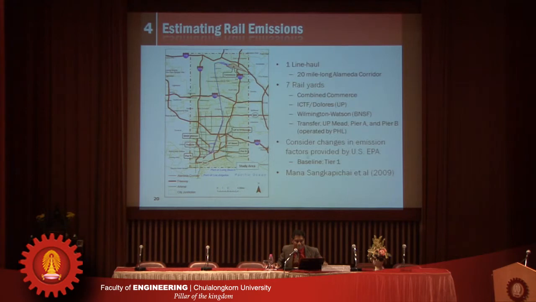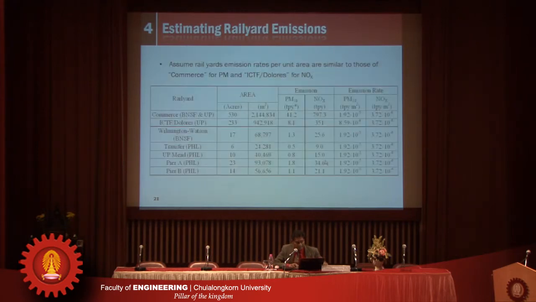So this was modeled separately for the rail yards also. Again, details of it are in Mana's dissertation, just for you to know that these are very detailed numbers on emissions that we ended up finding for each of the rail yards in that whole industrial area that you saw.